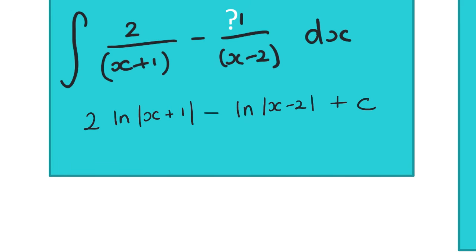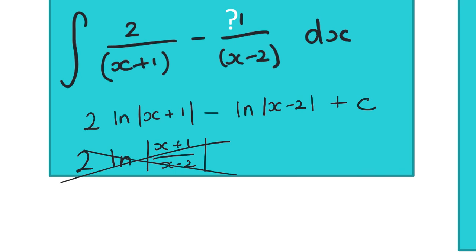Using log laws? No. Yes. We have to do indices first. So what you've done is completely incorrect. You cannot now do 2 ln of x plus 1 over x minus 2. This is incorrect. Wrong, like they say in Japan. Okay?